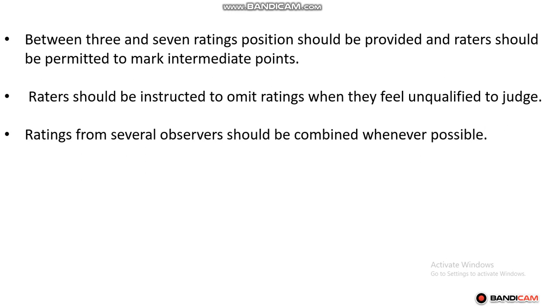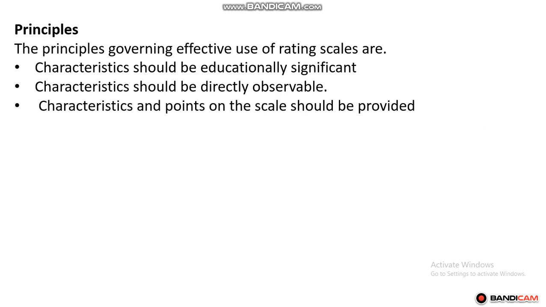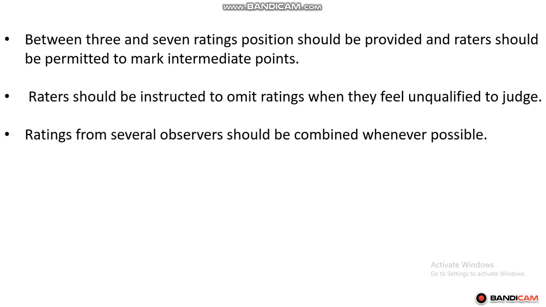If you are not clear with the question or a characteristic, you can omit that, so that we will get an accurate result rather than getting a fake or false answer. Ratings from several observers should be combined whenever possible. So if there is more than one observer, these ratings can be combined to get to a conclusion. So these are the principles that have to be followed while you are using this rating scale.